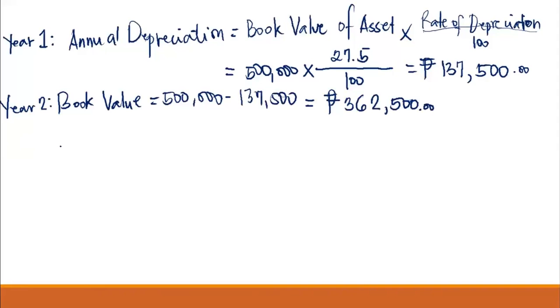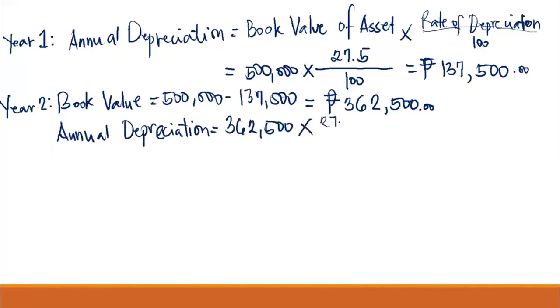So what is next is the annual depreciation. So after getting the book value, kunin na natin yung annual depreciation ng machine. So the book value is 362,500 times the rate of depreciation over 100.